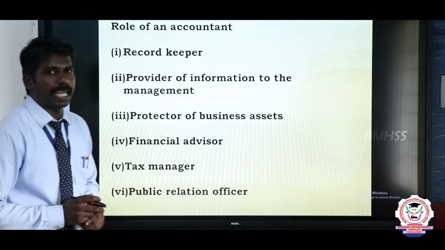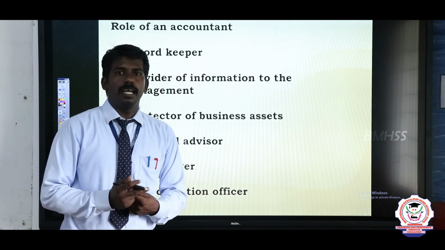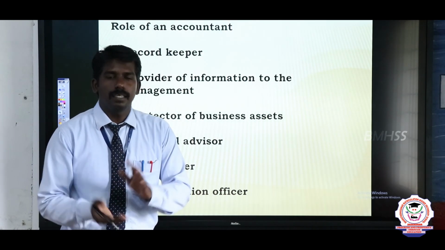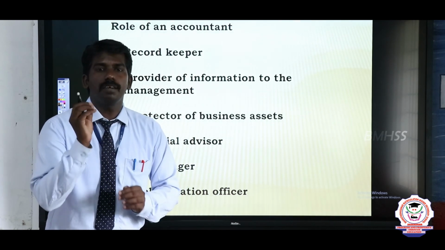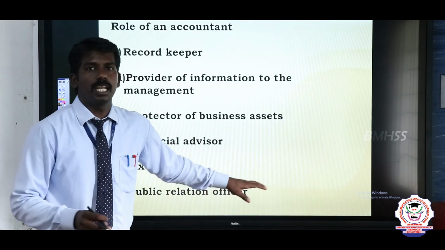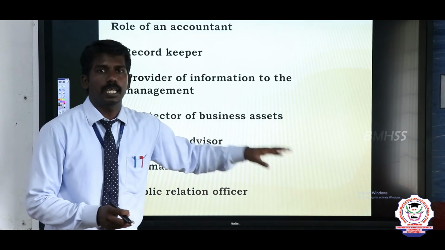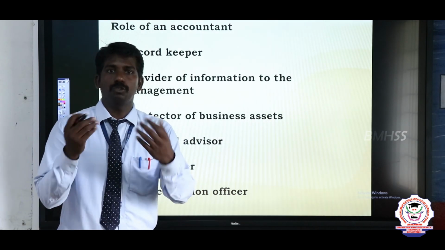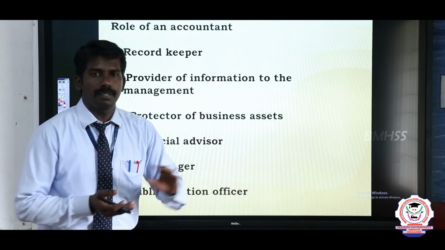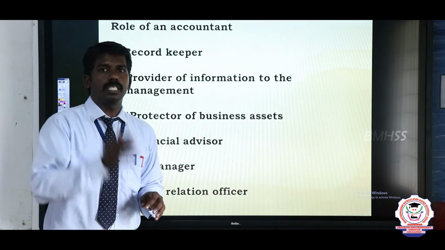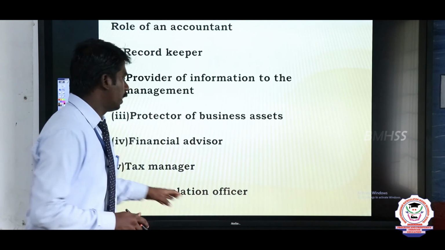Next one is tax manager. An accountant working as a tax manager must know how much tax is paid on the sale of goods and services by the company, and how much tax should be paid to the government on the turnover of the company. So he is also very good in tax management.